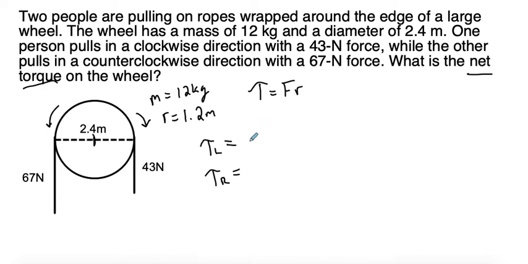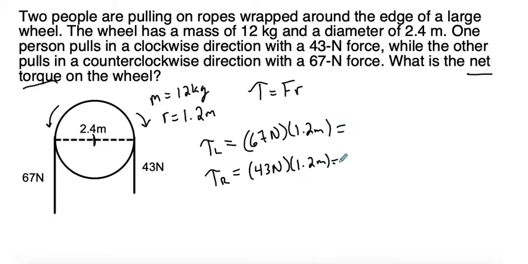So our torque on the left side, we're pulling with 67 newtons. Okay. And then again, since it's force times radius, we're pulling on this pulley here with a radius of 1.2 meters. All right, we'll get that number in a second. And then our right side, we have 43 newtons. And that again is 1.2 meters for the radius.